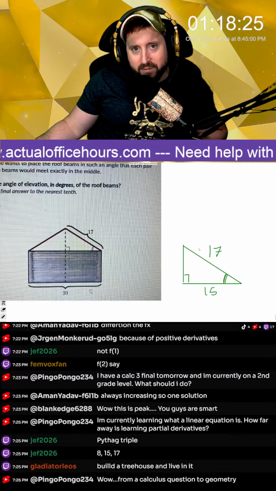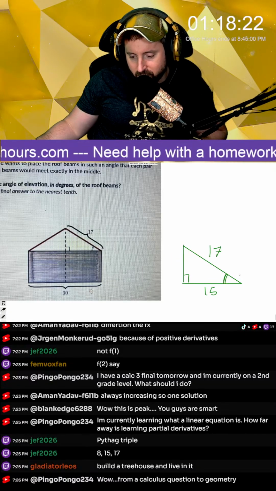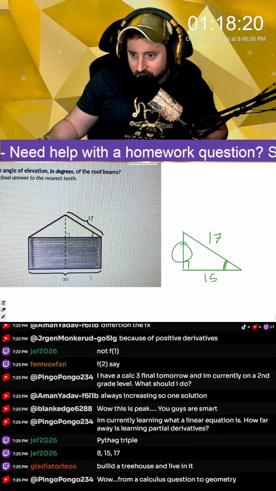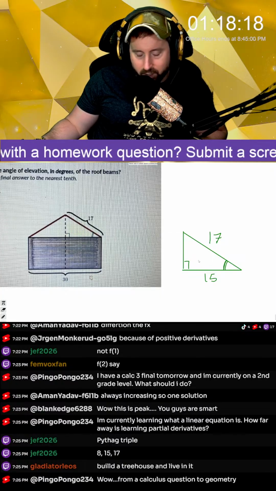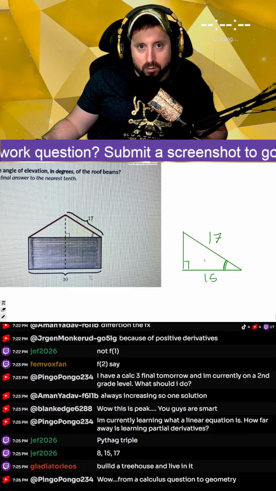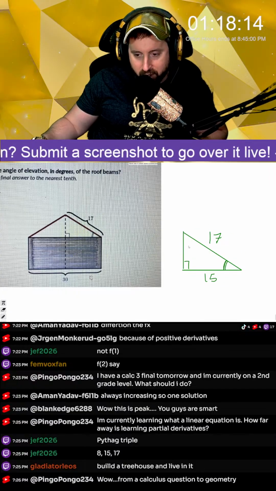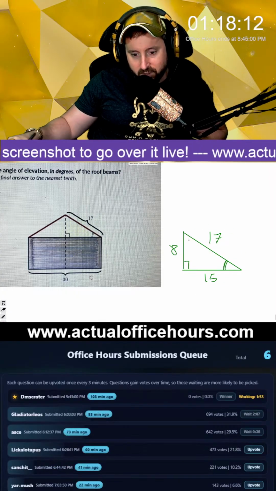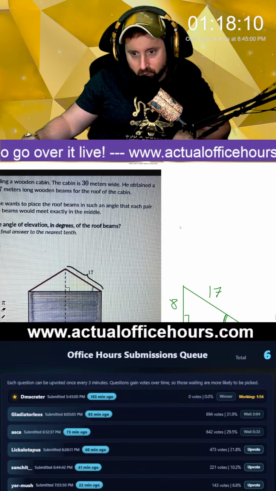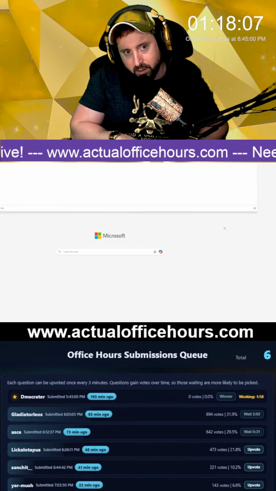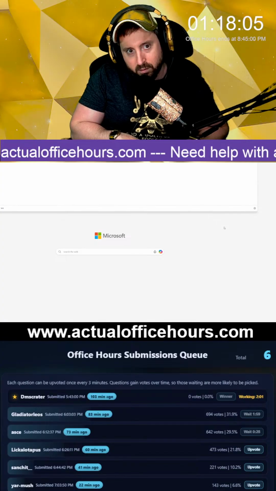So wait, do I even need this? I could just do arctangent. Or sorry, arc cosine. You guys are right that this is a special Pythagorean triple. This is an 8, 15, 17. Some of the key ones to learn here. So here we look, Pythagorean triple.